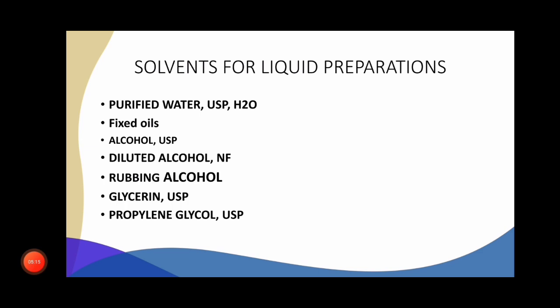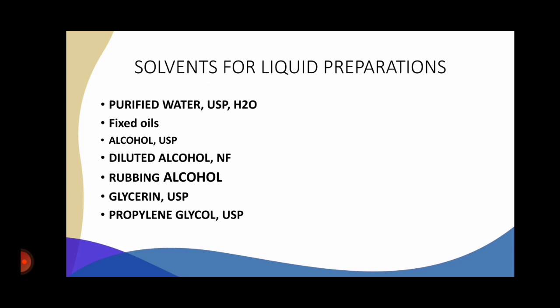Glycerin USP. So glycerin is a clear syrupy liquid with a sweet taste. It is miscible with both water and alcohol. As a solvent, it is comparable with alcohol, but because of its viscosity, solutes are slowly soluble in it unless it is rendered less viscous by heating.